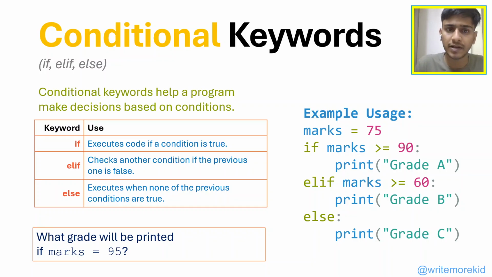So what is happening here? The syntax for the if, elif and else condition is: if some condition comes here, then you need to write a colon. Then you have to write the code block here. I'll comment it out so that it doesn't look ugly.